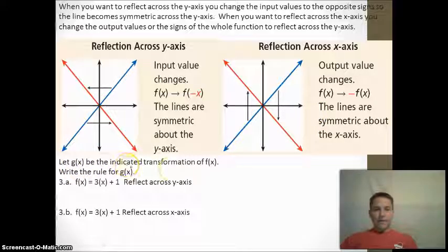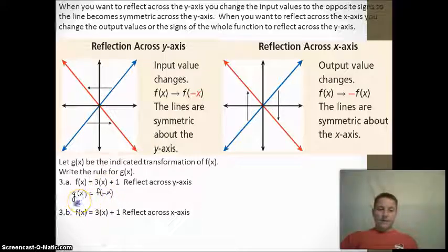Okay, so let g of x be the indicated transformation of f of x. Write the rule for g of x. So if we want to reflect across the y, remember I said we just change the input. So for g of x, we're going to only change the input. So we only change the x sign.